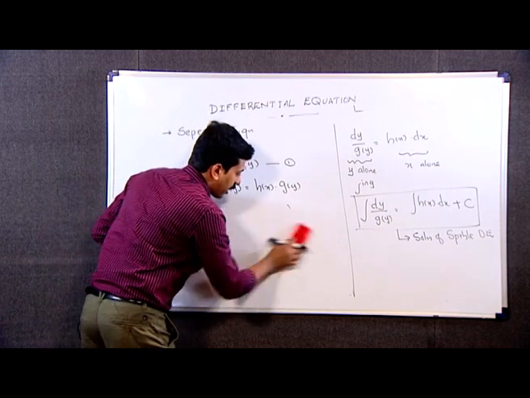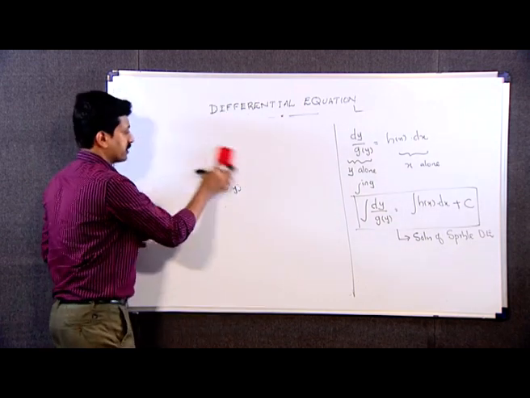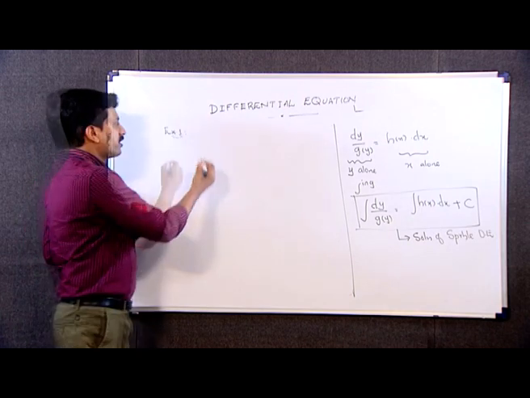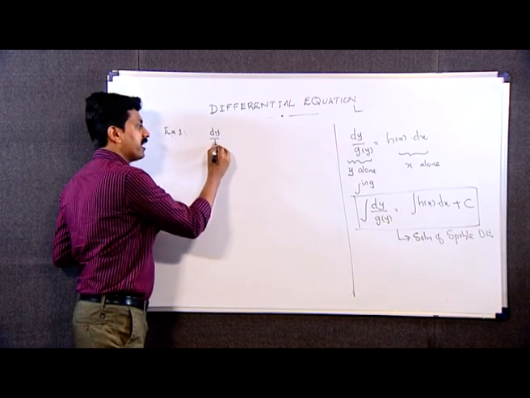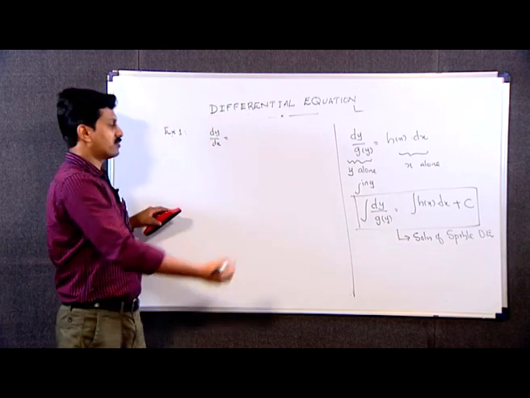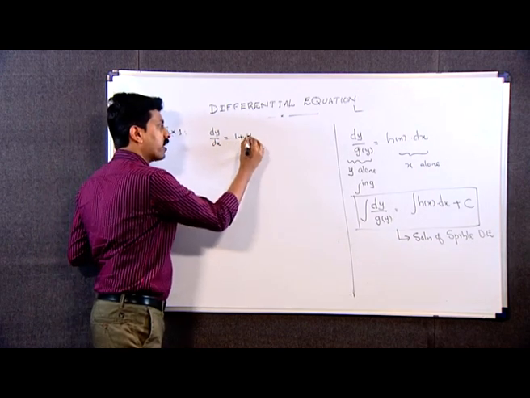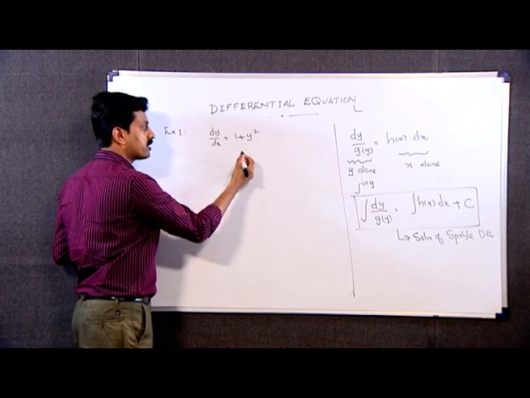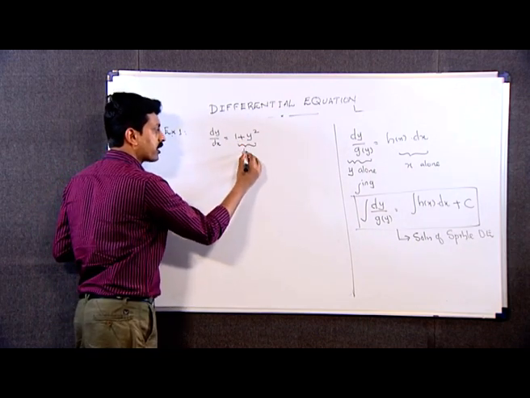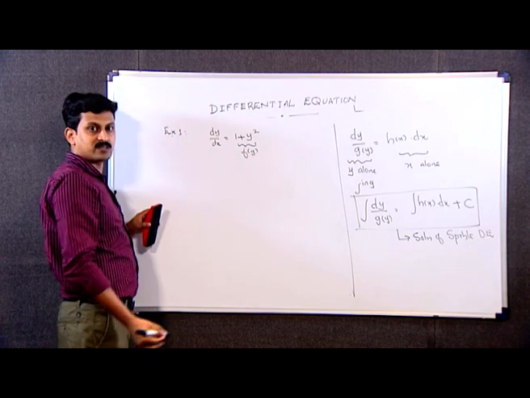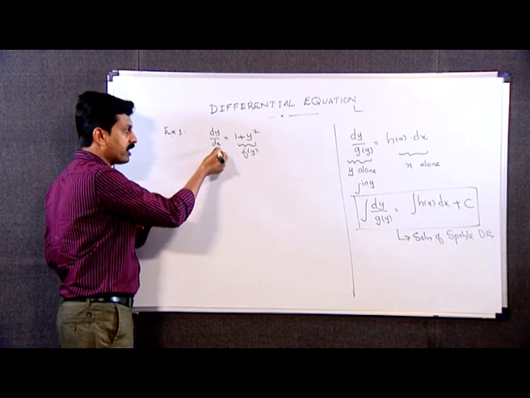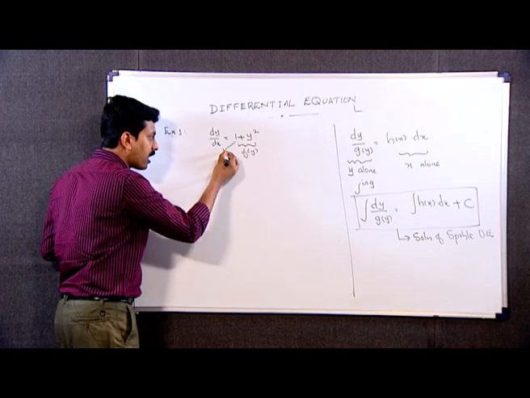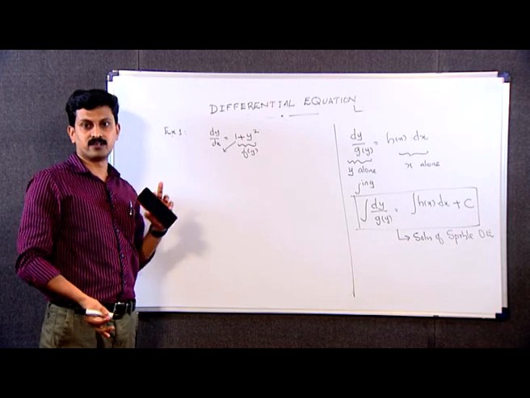See, I like to write some examples for you. Example: dy by dx equal to 1 plus y square. Here, 1 plus y square is a function of y alone, and here we have dy as well as dx. That is why I like to take 1 plus y square to the left side.